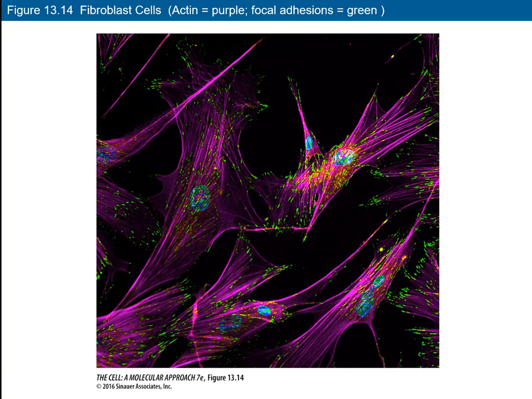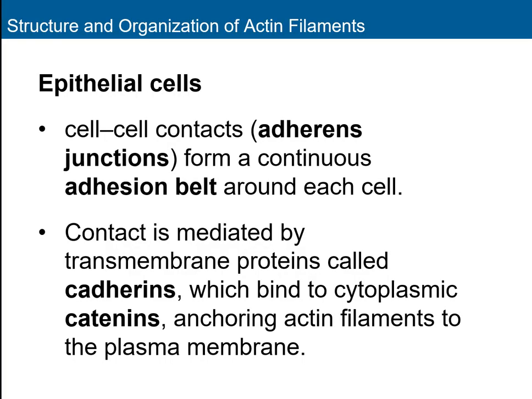I also told you in the last slide that cells will join together with each other. Epithelial tissue is formed by a bunch of epithelial cells that join together to form a sheet, and they cover things or line organs. It's super important that those cells are joined together properly. Again, this involves actin and the actin cytoskeleton and other proteins that bind to it.